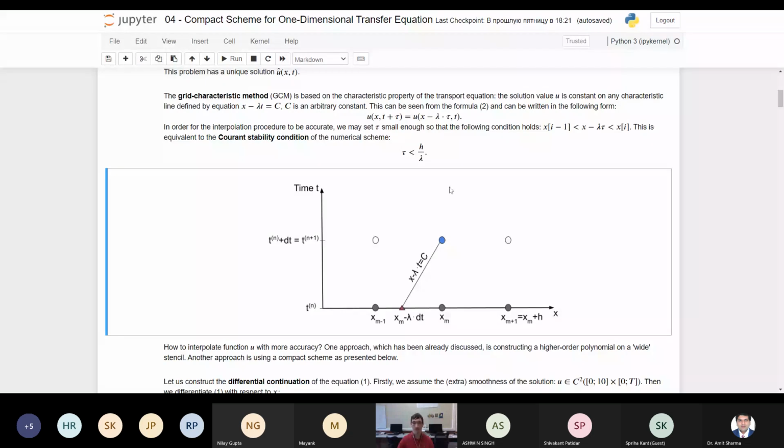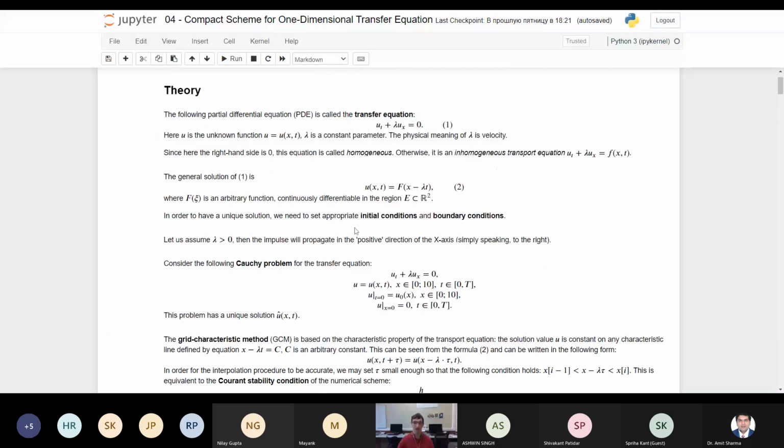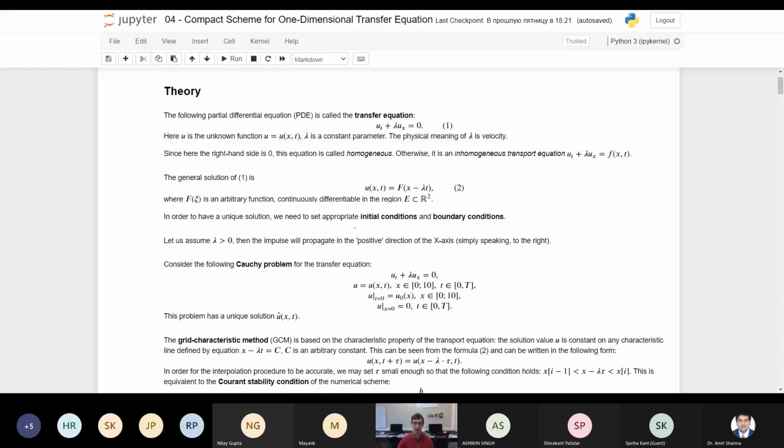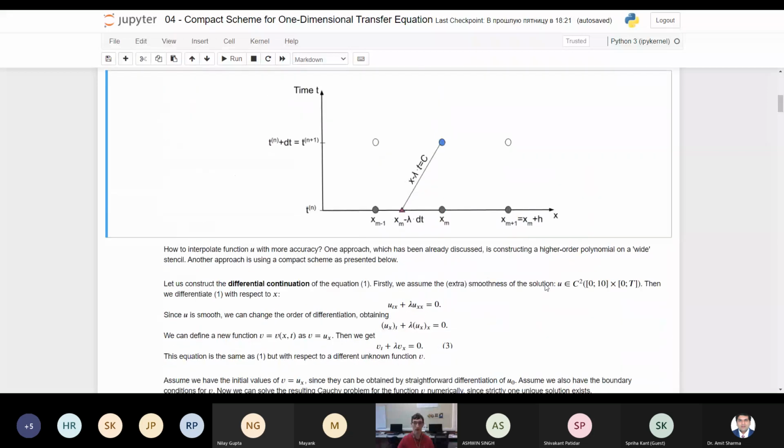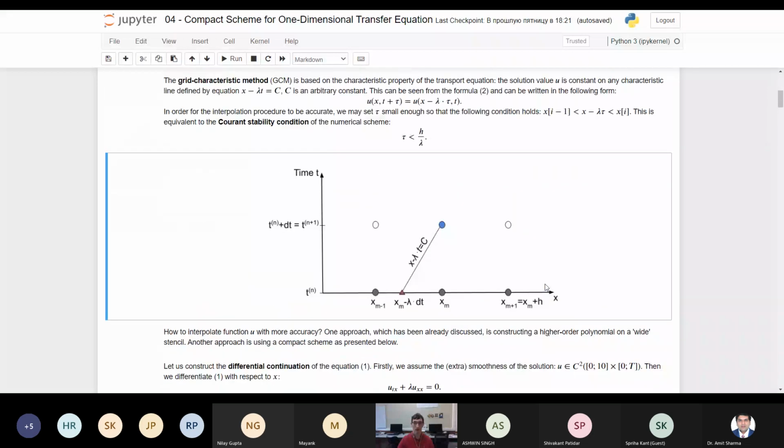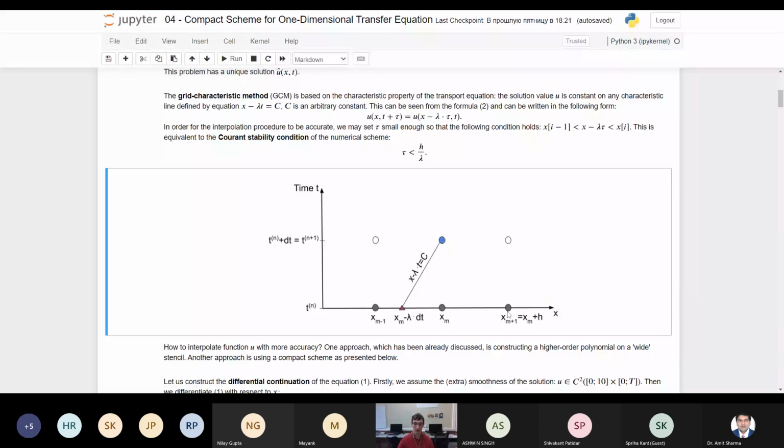Or more precisely, it's defined in a square with borders x from 0 to 10 and t from 0 to the t capitalized. However, since we are using numerical methods, we know the function values only in a discrete number of points.